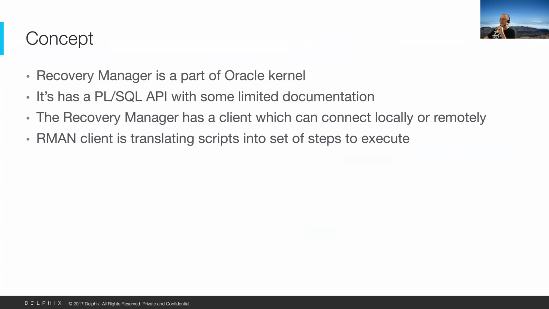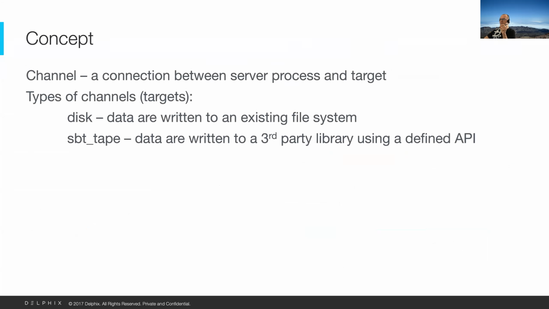So what locations do we have for channels? It can be a disk, which is built in. Since day 0, when you install Oracle binaries, you have a channel type disk installed. And there's another channel called SBT, tape, which can use any third-party library which is defined and installed with your backup vendor.